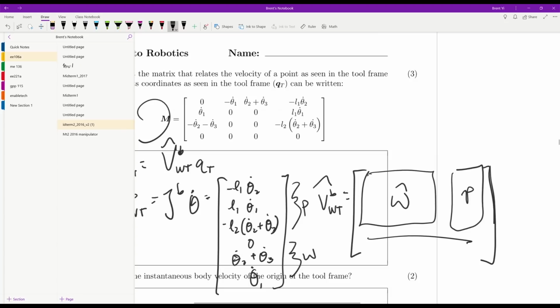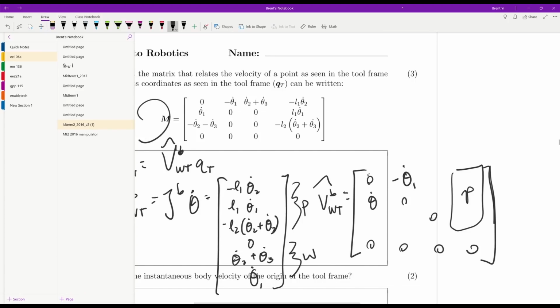Okay, so let's just do that really quickly. First, we'll just fill in the zeros because that's easy. Then we'll skew omega. We put zeros down the diagonal for that. Have negative theta 1 dot here, theta 1 dot here, negative theta 2 dot here, minus (theta 2 plus theta 3), each dotted, and then 0, 0.